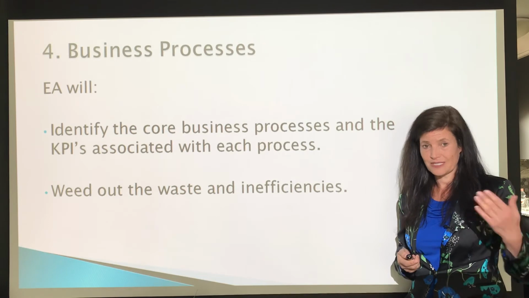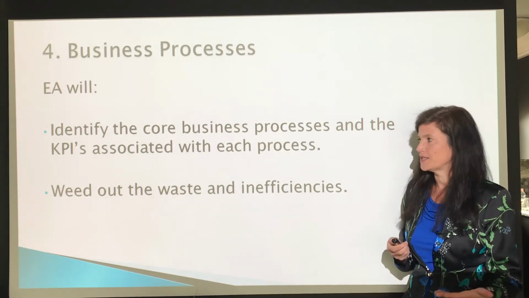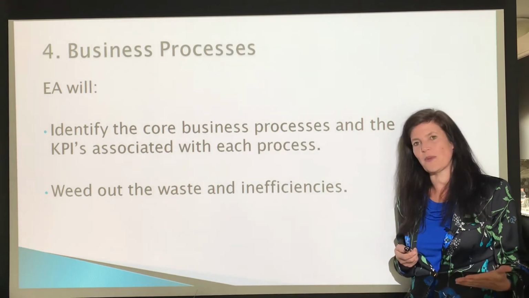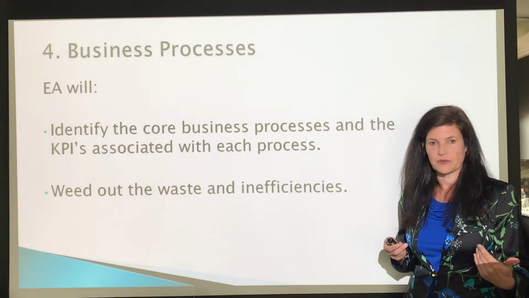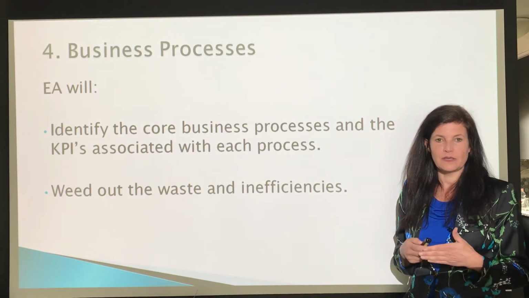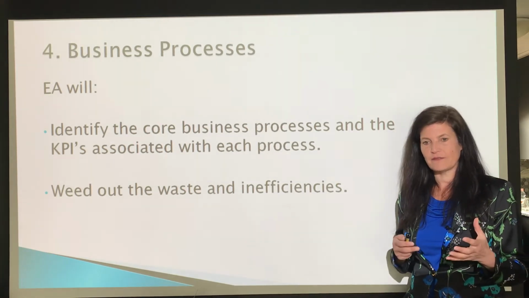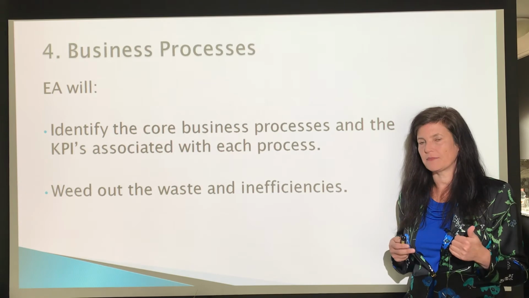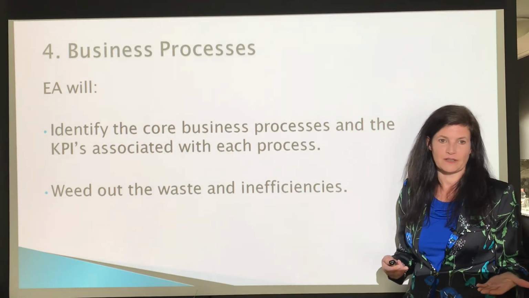Again, it's your senior execs who are going to help you identify how they want to measure these processes, and what the critical success factors are for these core processes. Once you've got them all defined, this creates that environment where change is going to happen because these processes aren't measuring up to the performance indicators.